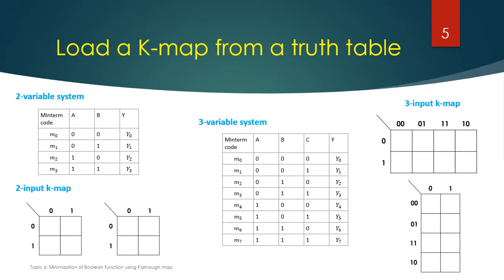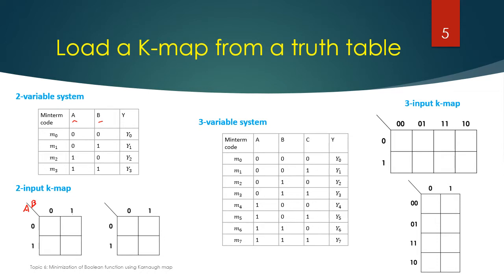So we start with the 2 variable system. We have this line over here, and we can put the variables on the 2 sides of this line. In this case, we have input variables a and b. So you can put a and b here.